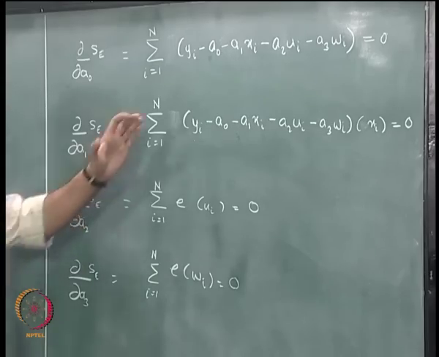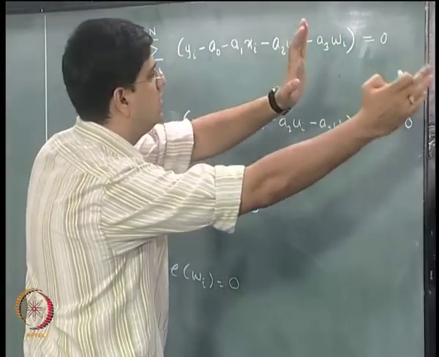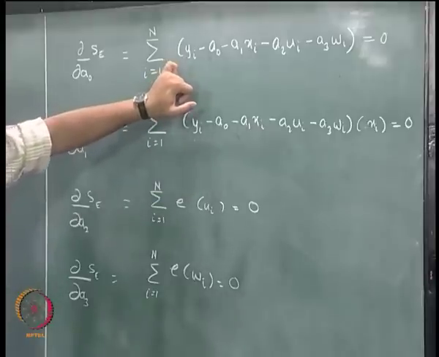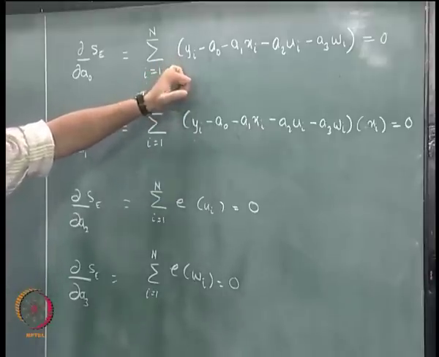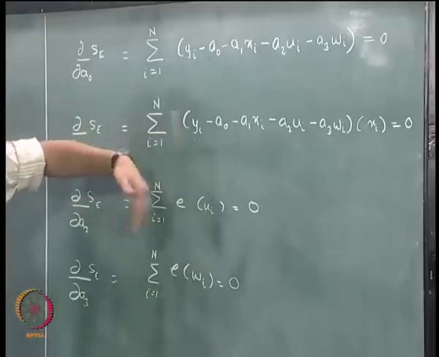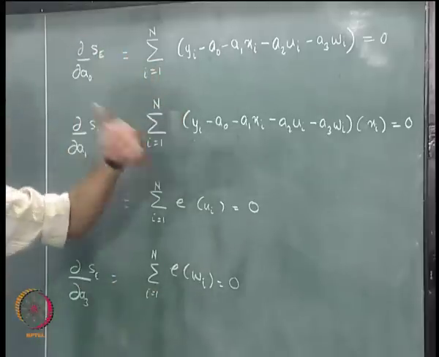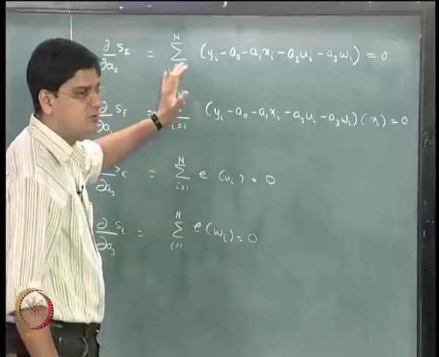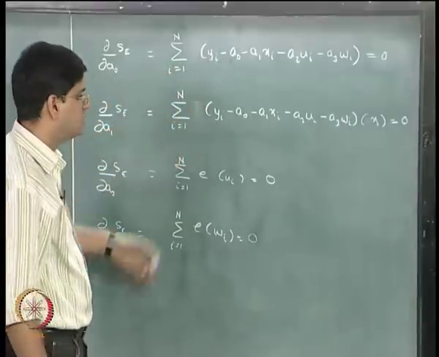Okay. We can take all of these terms on to the right hand side. Essentially what we will end up getting is 4 equations in 4 unknowns. I will just write down the first equation, and based on that you will be able to write down all the 4 equations also.